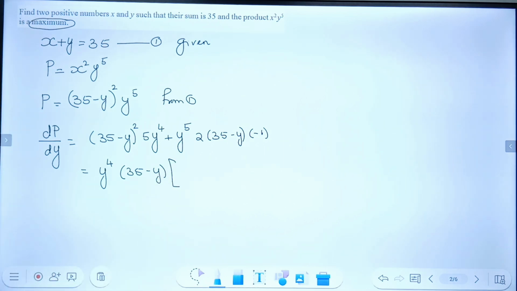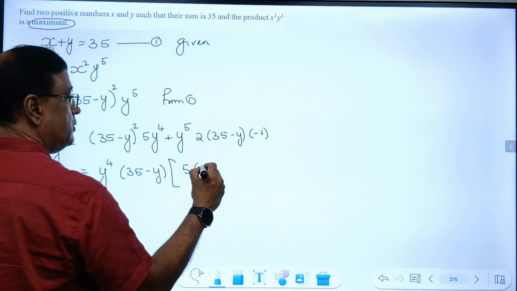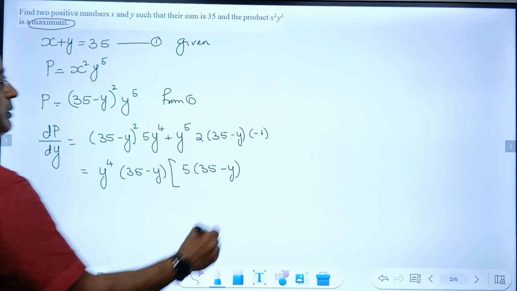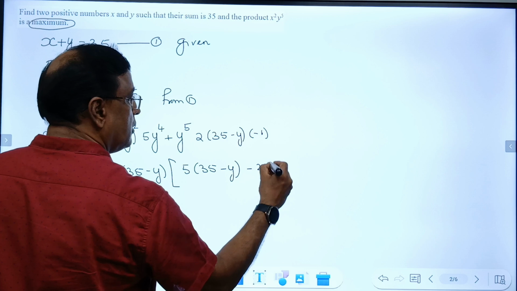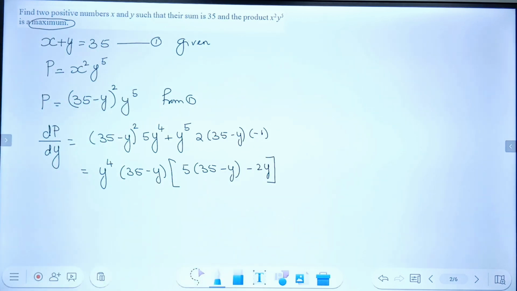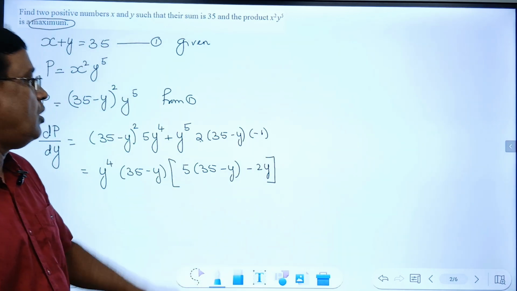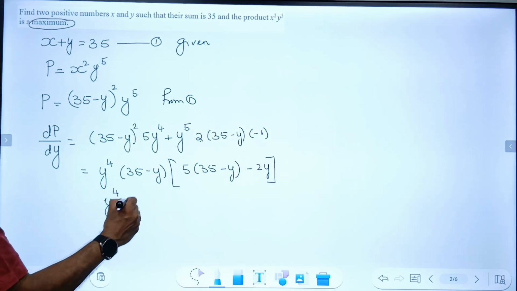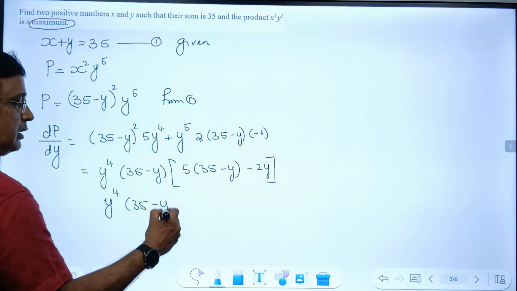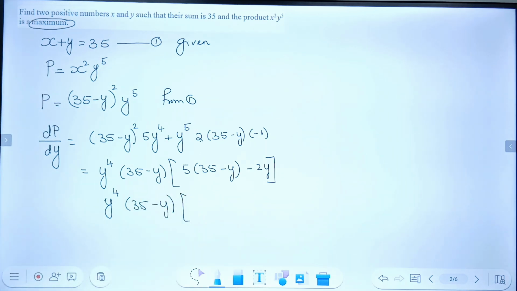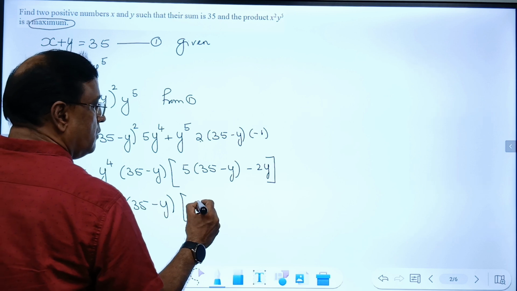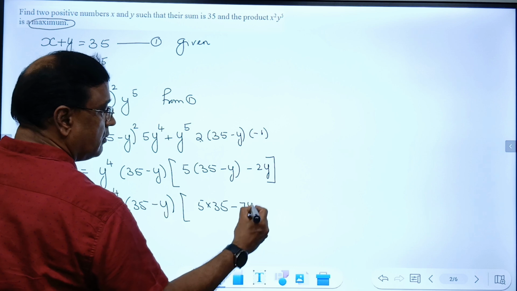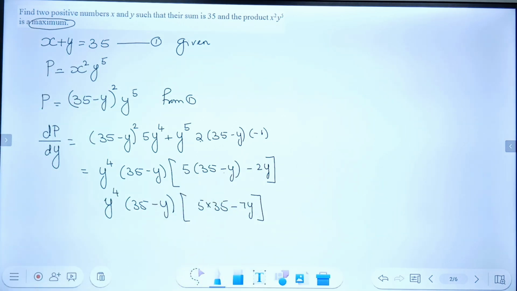So we are left with 5 into (35 minus y), and here it will be minus 2y, because I took y power 4 common. Now you can simplify this: y power 4 into (35 minus y) into 5 into 35 minus 7y, since minus 5y minus 2y is minus 7y.